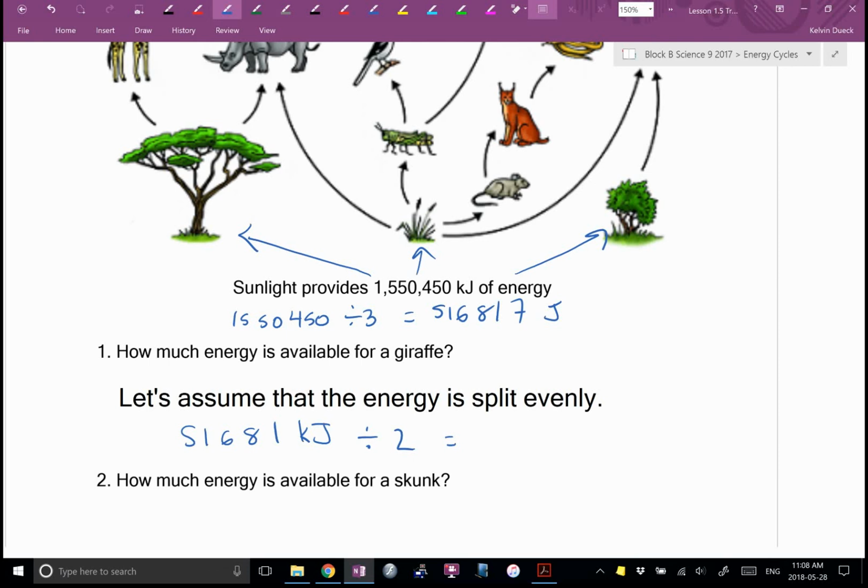Use your phone calculator or do it in your head. I can probably do it in my head. Is it 25,840.5? Double check me. So 25,841-ish joules. Now, are we being fairly rough?